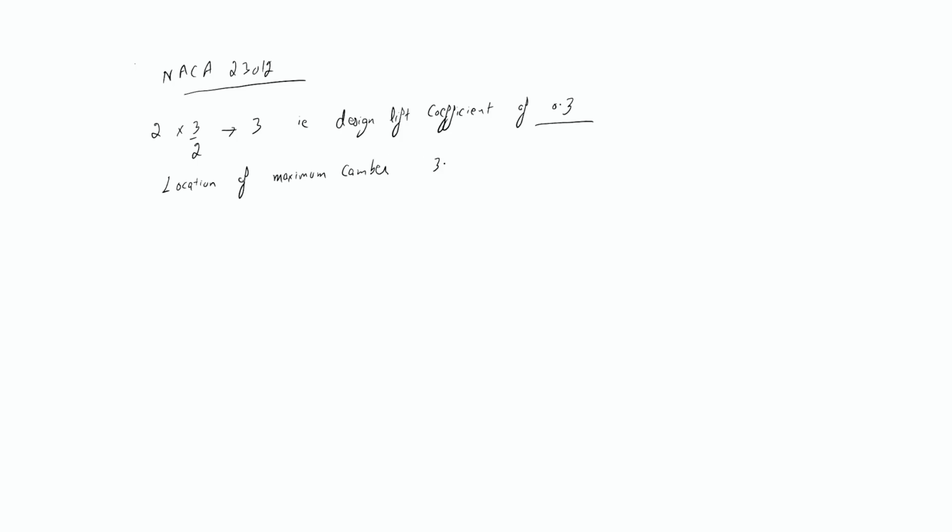Which is at 30, next to this is 30 into 1 by 2. This will give 15.